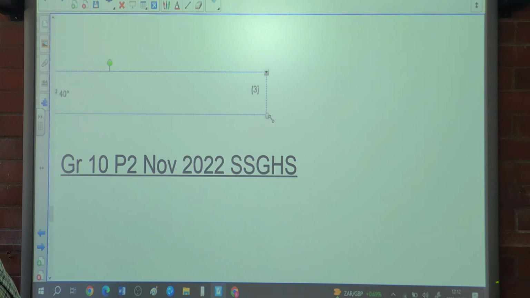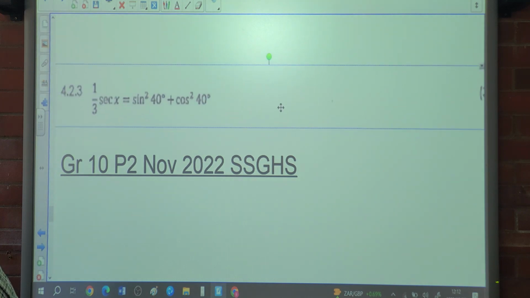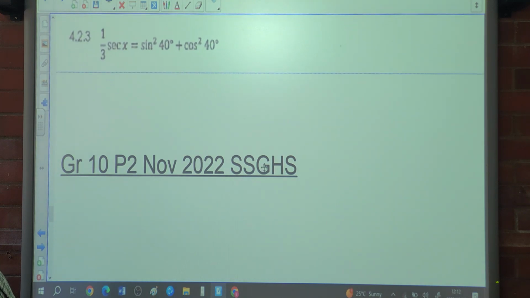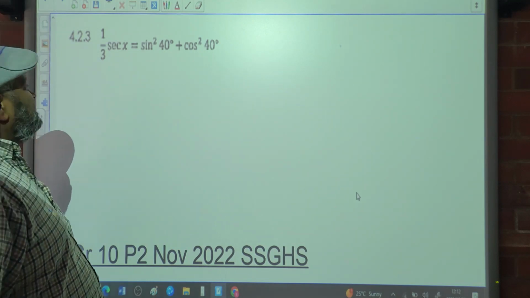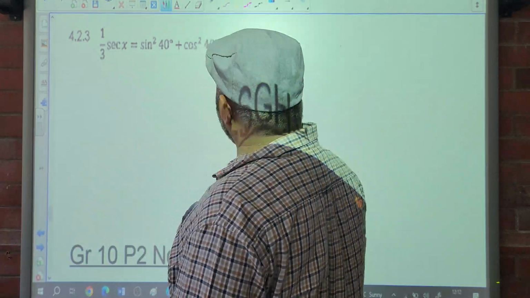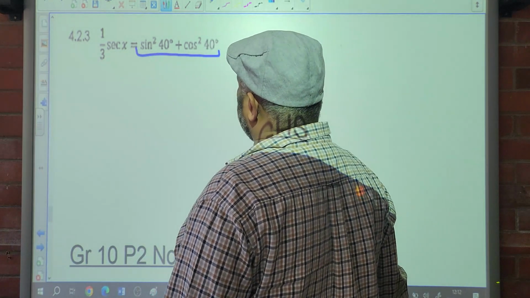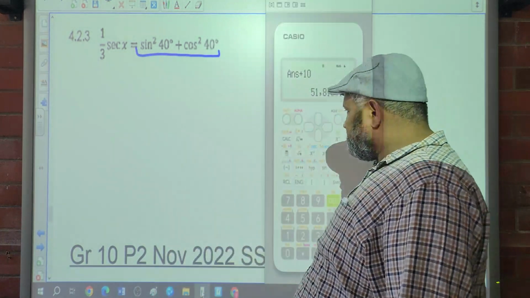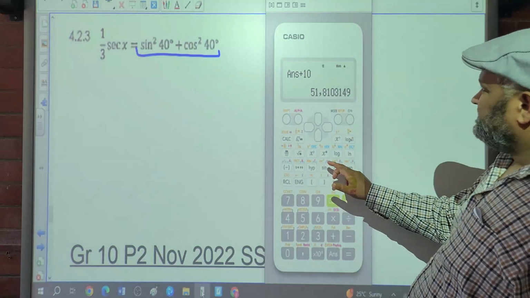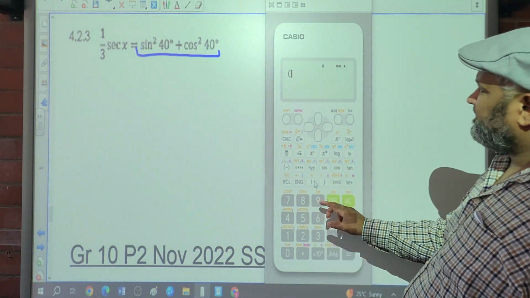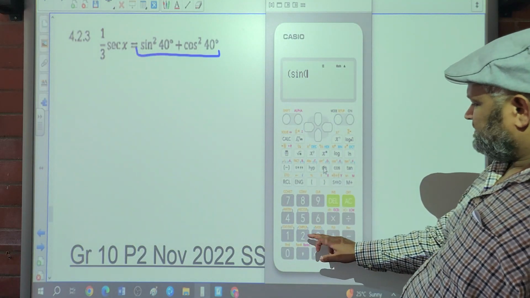A bit longer. 4.2.3. So here, of course, we know we can put this in a calculator, not so? So sine squared 40 plus cos squared 40 gives you an answer of 1, not so? Is that correct? Yes, yes.